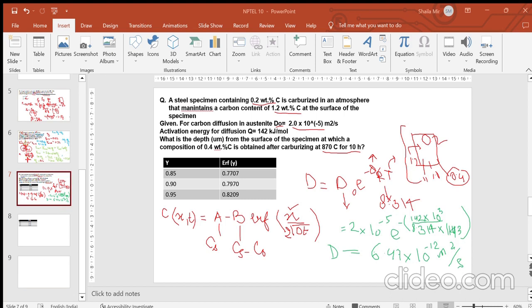Or you can do one thing, because there will be 2 times and it will be squared. You can do this with 0.95, in order to have only one z, because we want a linear equation. 0.95 minus 0.85, and here we will write 0.7707.